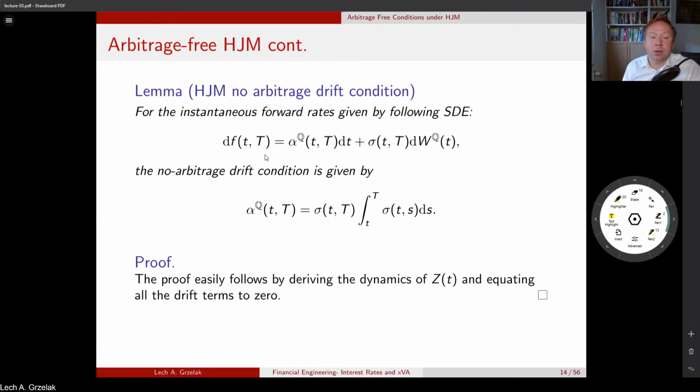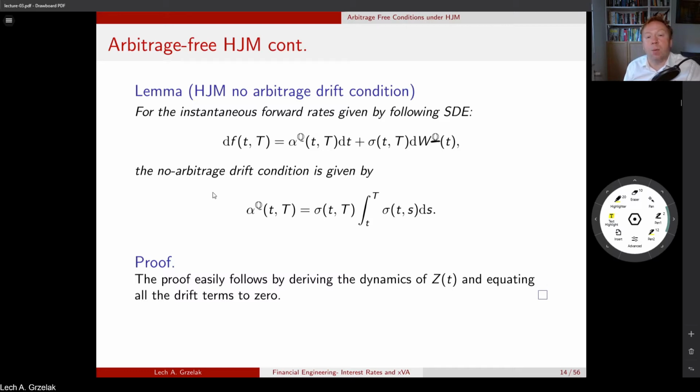But at the end, you end up with the famous HJM lemma about arbitrage free conditions for the instantaneous forward rates. And the output is as follows. Under the arbitrage free conditions, under the risk neutral measure Q, the instantaneous forward rate is defined by alpha Q, of course, we have sigma and dW^Q.